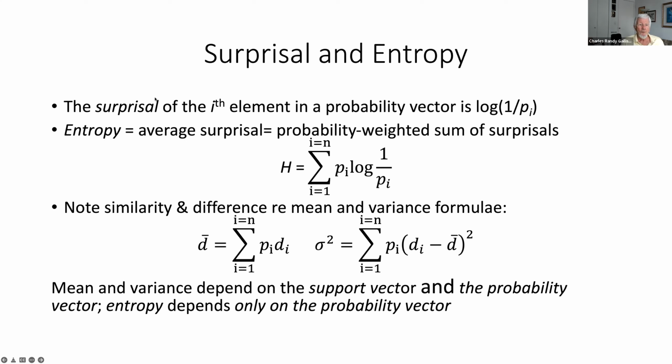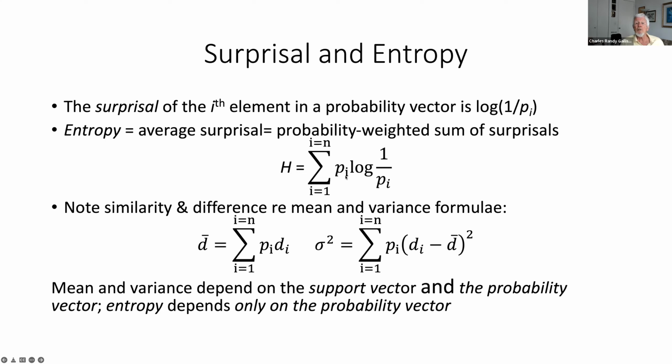That leads to the definition of entropy, which is just the average surprisal. And the formula for that, there are various forms, but this is the one I like. So here's the entropy on the left, and it's defined by this sum. And it assumes we have a vector of probabilities. Remember, a probability distribution consists of 2 vectors, a support vector and a probability vector.